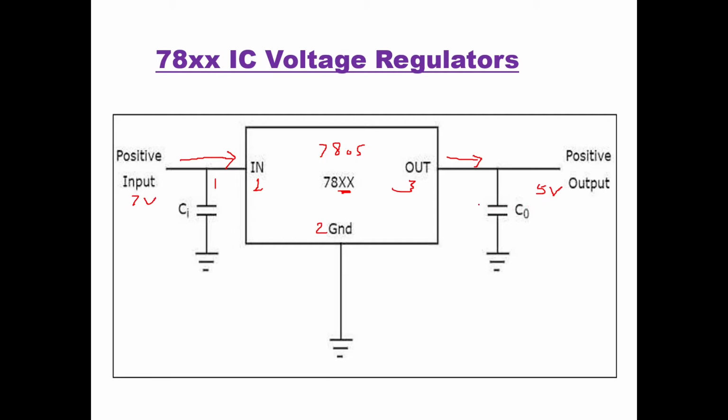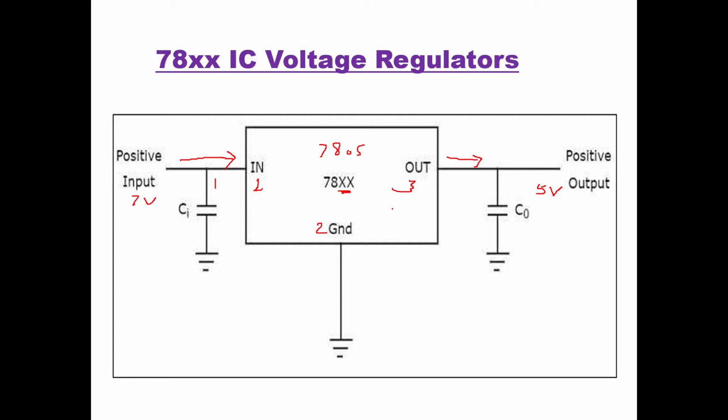If it is 7 volt or 8 volt or 9 volt or 10 volt input, the output will remain at 5 volt only. So 7805 will give you 5 volt, 7812 will give you 12 volts. The output will remain at that particular voltage, whatever xx is.